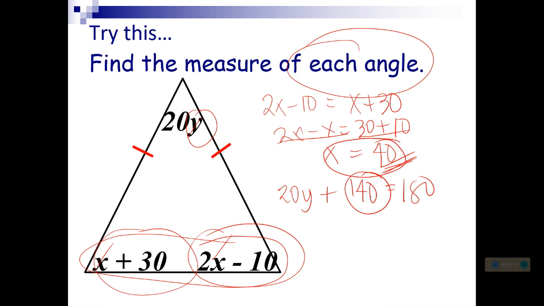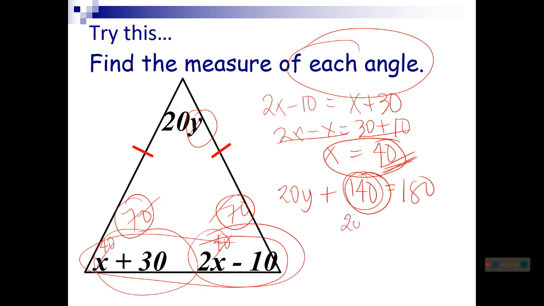Where did I get 140? I have substituted 40 in place of x here. So 40 plus 30 is 70. Then 2 times 40 is 80 minus 10 is, of course, 70 also, because, again, they are congruent. So 70 plus 70 is 140. So, I hope you got it.